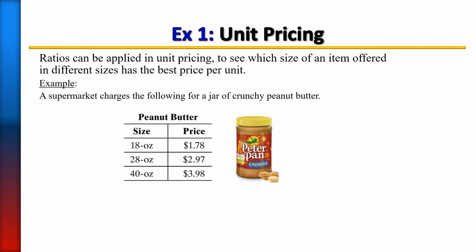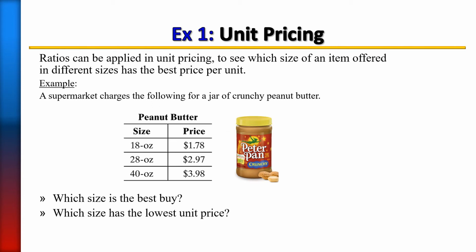The next one, $3.98 divided by 40. So yes, you'll want to use your calculator for these so that you can get these approximate values. So let's go ahead and plug those into the calculator and see what it looks like so that we can determine which size is the best buy, or in other words, which size has the lowest unit price.